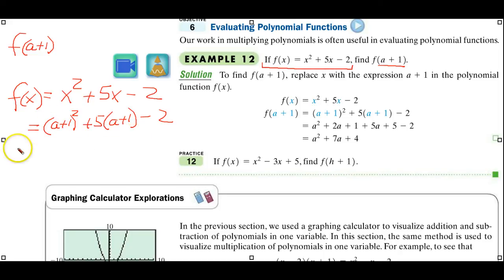So we use that special technique and get a squared plus 2a plus 1 plus 5a plus 5 minus 2. We combine our like terms, we get an a squared. We have a 2a and a 5a, that's going to give us 7a. Now we have a 5 minus 2 is 3, plus 1 over here is 4. Or you can get 6 minus 2 is 4, and of course that's what they get.